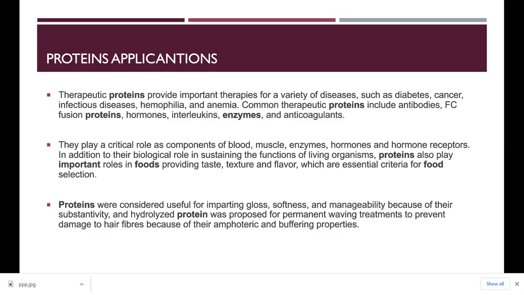Proteins also play an important role in food, providing texture, taste, and flavor, which are essential for food selection. Proteins are considered useful in cosmetics for imparting gloss, softness, and manageability because of their substantivity. Hydrolyzed proteins were proposed for permanent waving treatment to prevent damage to hair fibers because of their amphoteric and buffering properties, like keratin treatment.